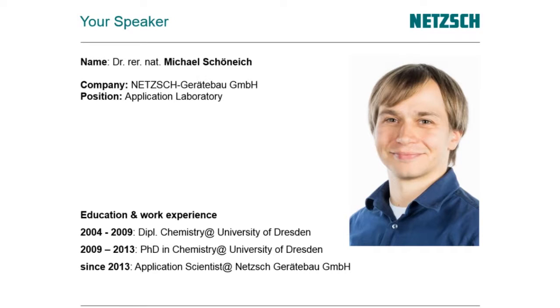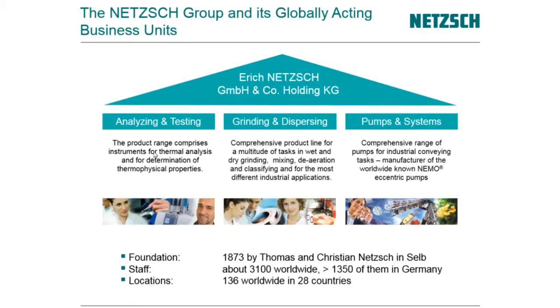The company NETZSCH itself is a family-owned company consisting of 3 main business units: the pumps and systems unit, grinding and dispersing, and finally the analyzing and testing unit, which I belong to. We produce analytic instruments to characterize material behavior and thermophysical properties in dependence of temperature.